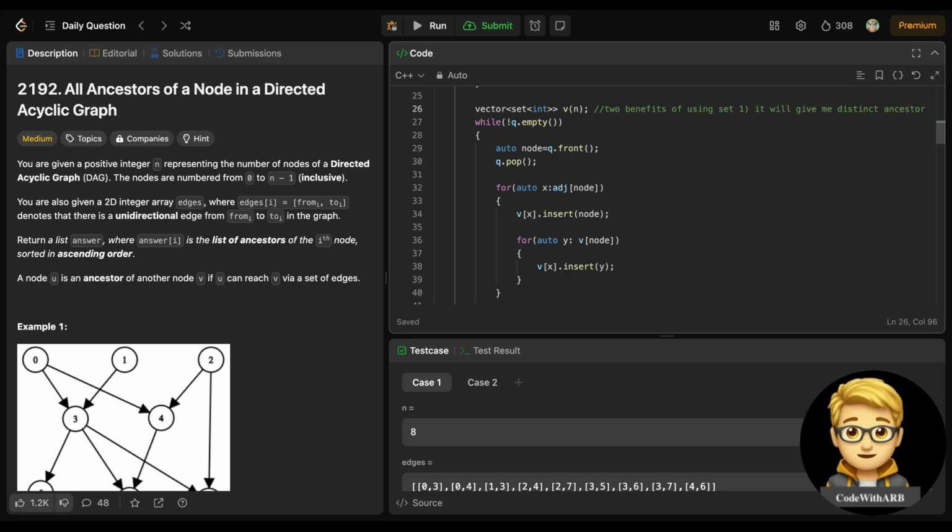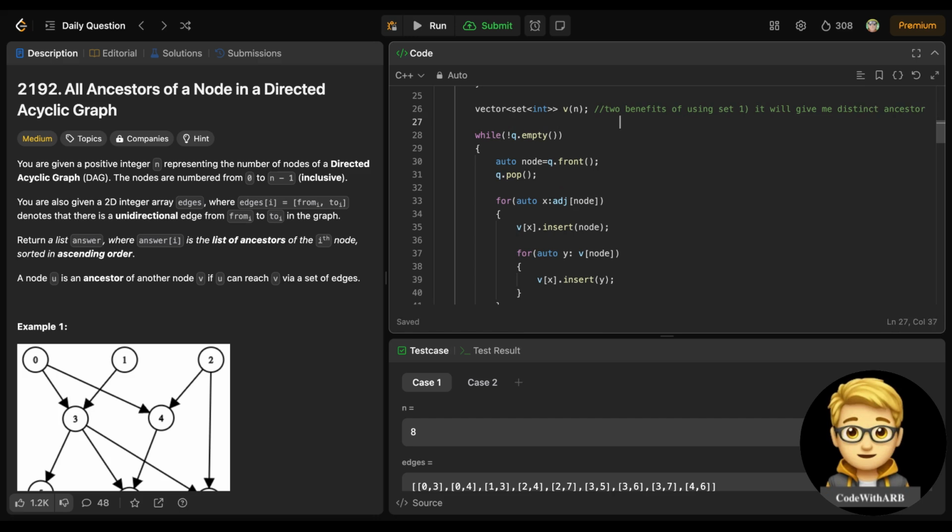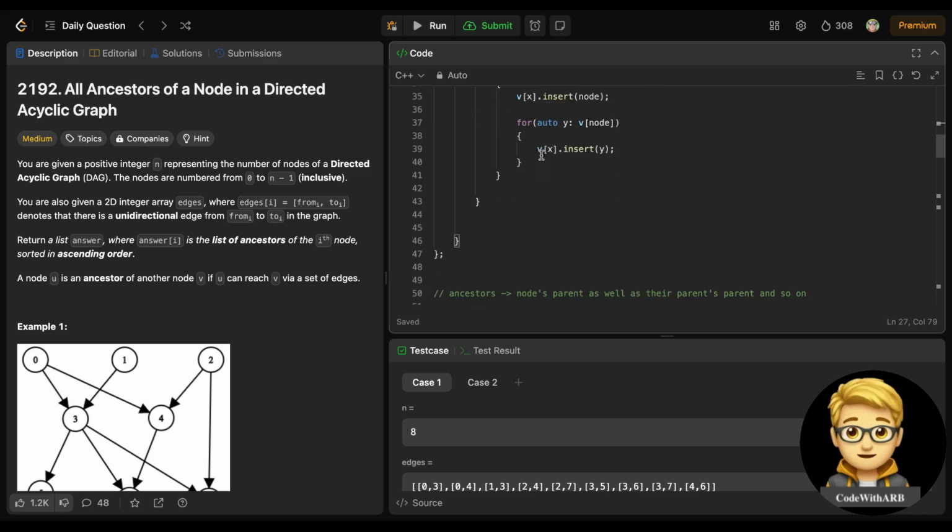And the second benefit is that it will give me sorted, ascending order, all right? Give me ancestors in sorted order, right? So these are the two benefits of using a set for each node, right?